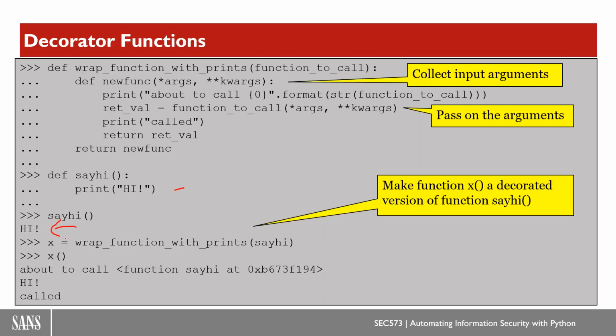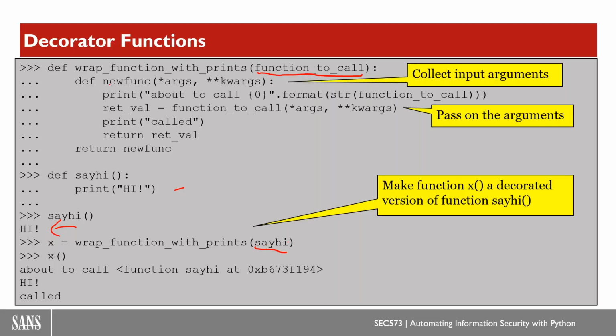So now let's decorate say hi. The way I'm going to do that is I'm going to call wrap function with prints, and pass say hi into wrap function with prints. So my function to call is going to be set to the function say hi.